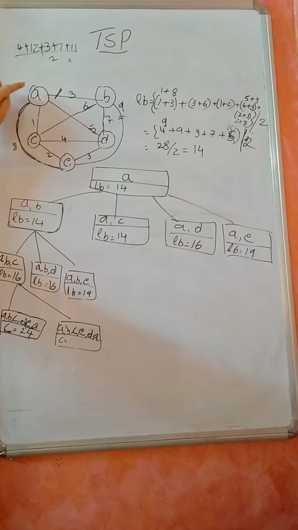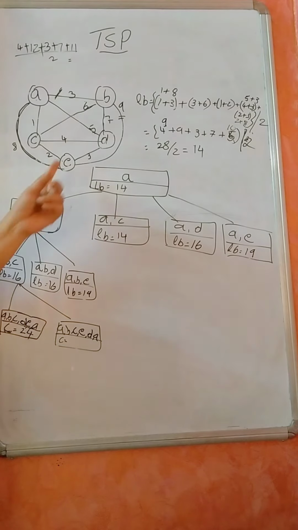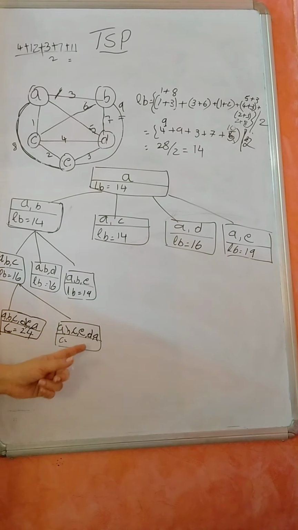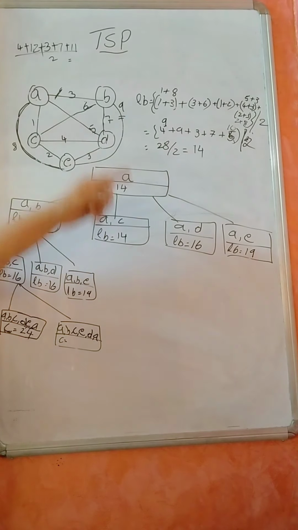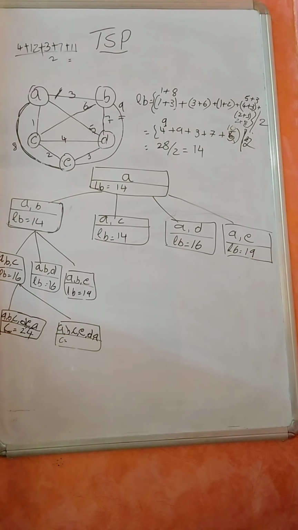Like this, A to B, 3 here. B to C, 9. Then C to E, it is 2. So it is 9 plus 2, 11. Then E to D, 11 plus 3, that is 14. Then D to A, plus 5, that is 19.